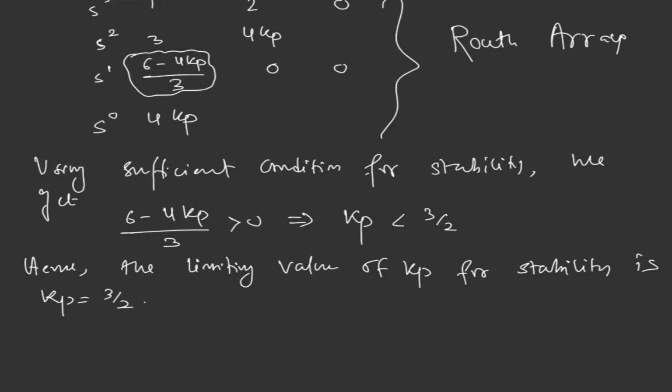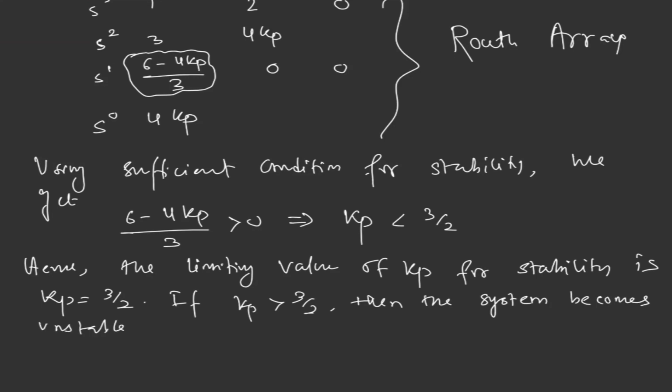So this is the limiting value. So if kp is greater than 3 by 2, then the system becomes unstable, since the root locus moves to the right hand side.